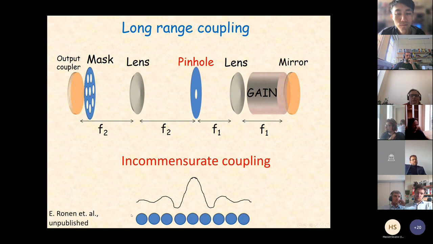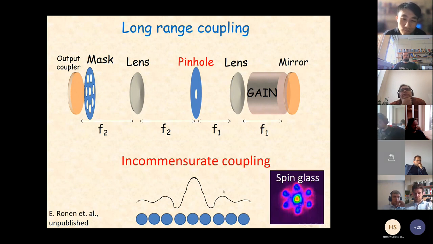You could approximate the coupling function to be random. It's not really random, but you could approximate it to be random. And using this very simple scheme, we can implement random in sign, positive, negative, long range coupling between thousands of spins, which is actually a spin glass.